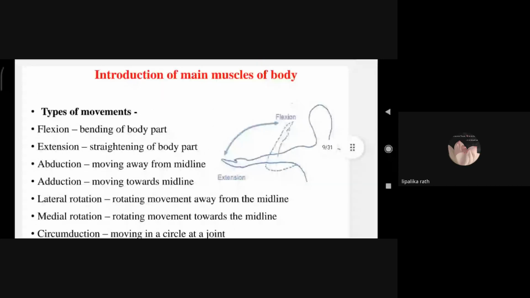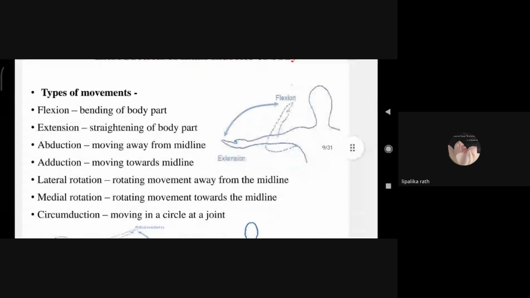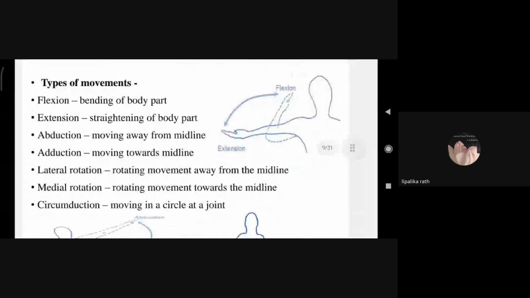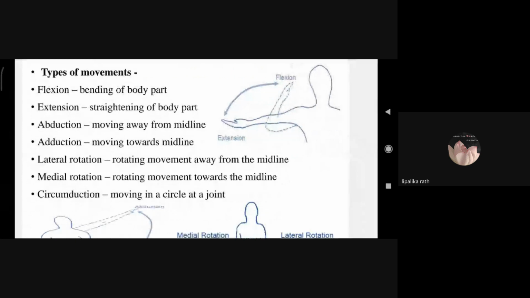Okay. Now, introduction to main muscles of the body. We will learn here the main muscles of the body. Now, here are some movements regarding anatomical posture. Flexion, extension: we have already discussed that when the angle is reducing, it is flexion, and when the angle is increasing, that is extension.